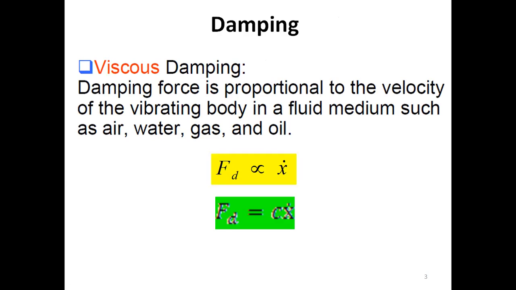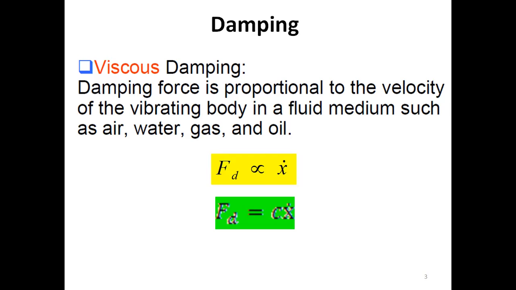To model the viscous damping, the damping force, F subscript D, is directly proportional to the velocity of the mass. So if the mass is vibrating at high velocity, then the damping force would be more. If it is moving with low velocity, then the damping force would be less, or the energy dissipation would be less.